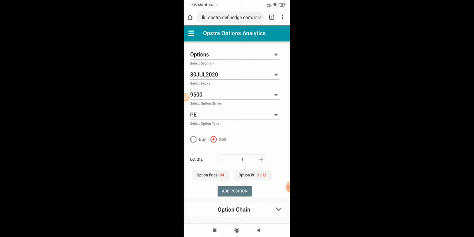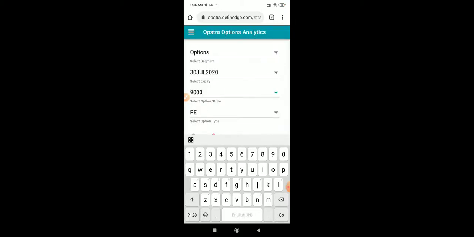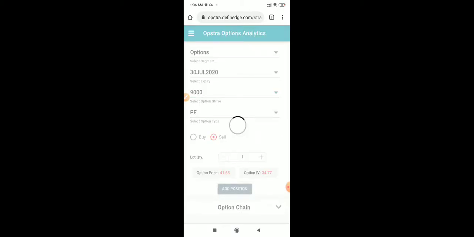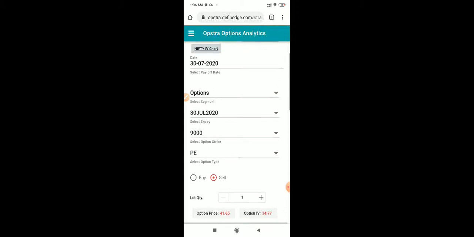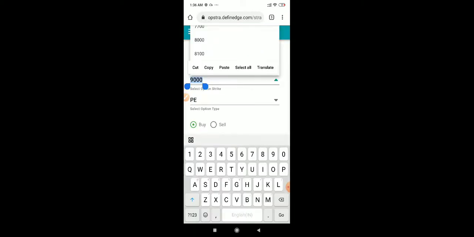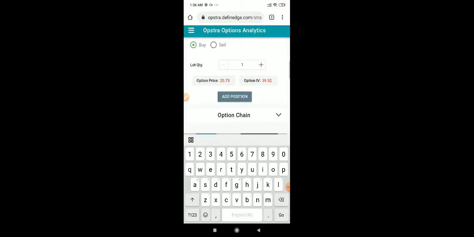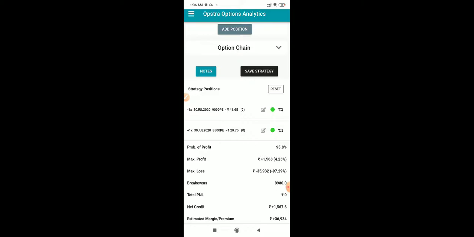We need to sell. 9,000 strike. We need to sell. For hedging purpose, we need to purchase 8,500 put. It gives safety for our strategy to minimize the uneventful situations, losses.